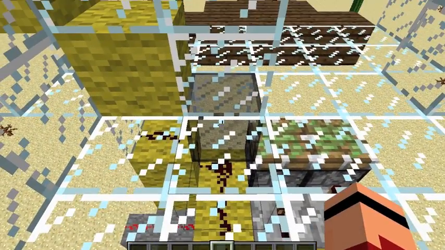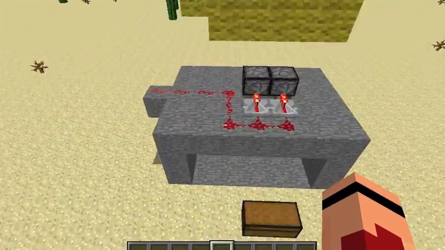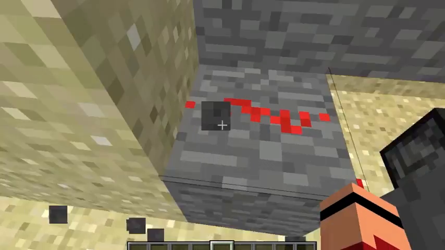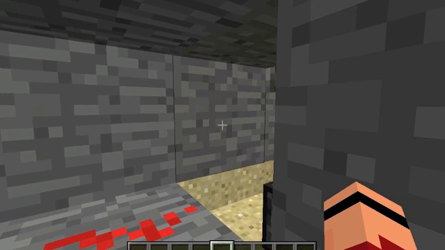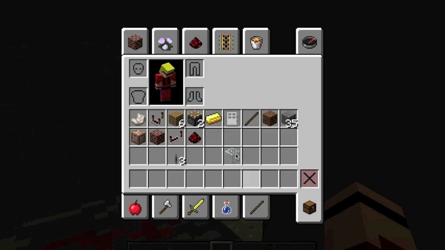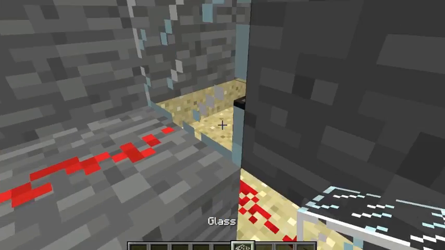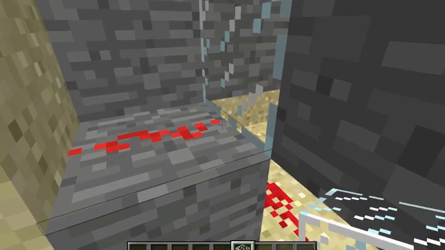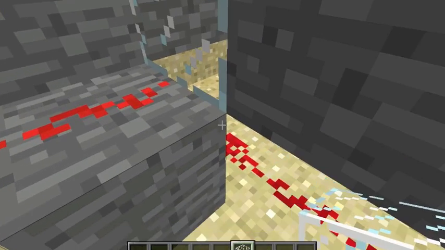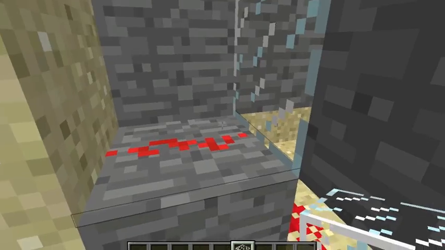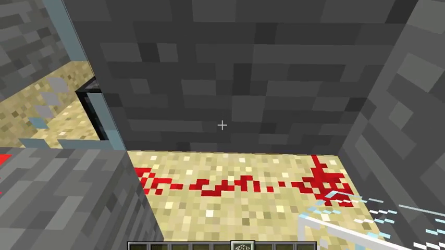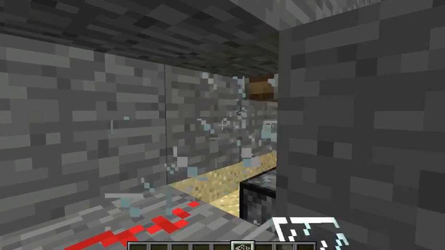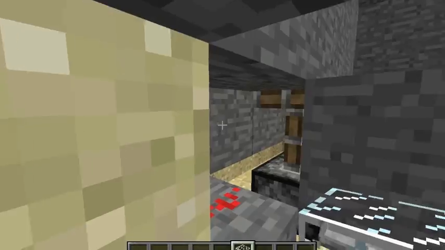Well, part of it's because there's a gap there, and actually I can come down and show you guys. Here's the gap right here. The glass that I've placed down is right about here. I'm using that concept of glass being able to let redstone traverse through it. So despite the glass being there, in reality there's an empty space in that spot.